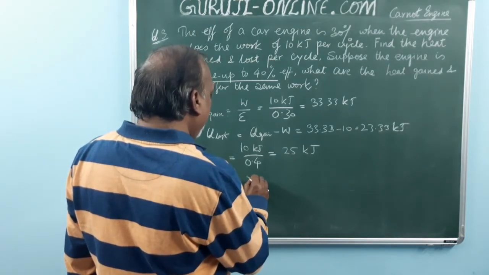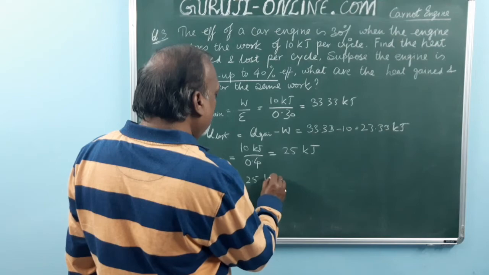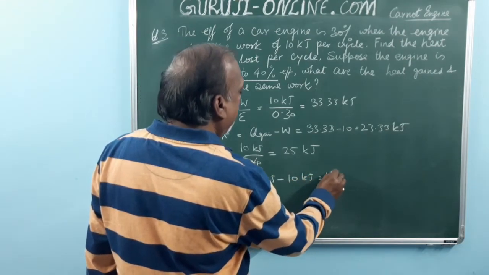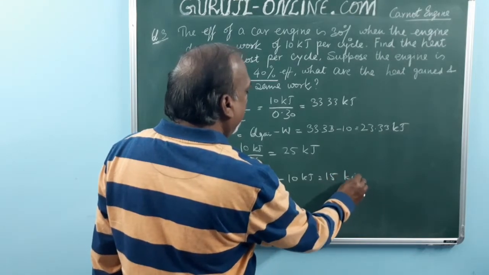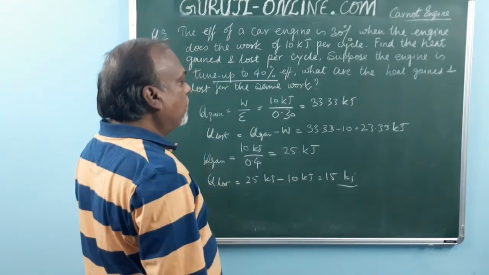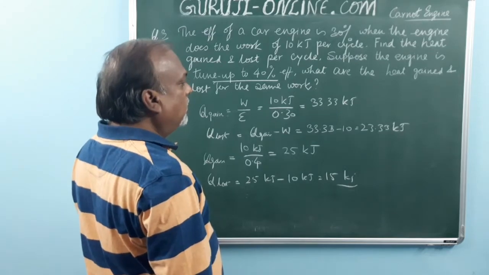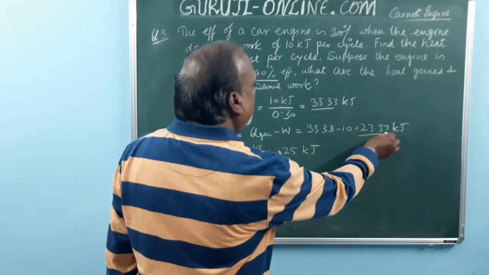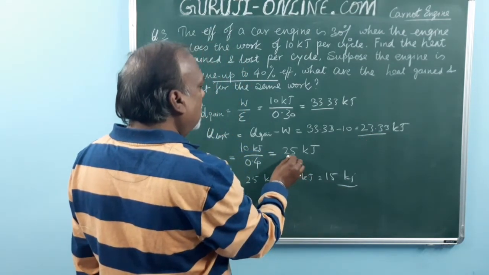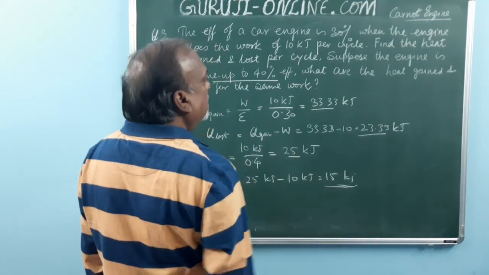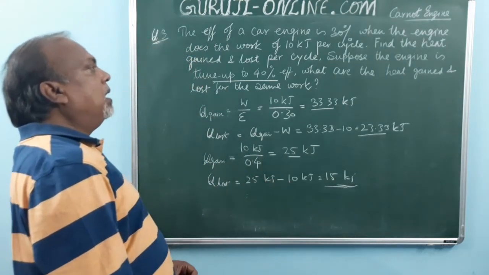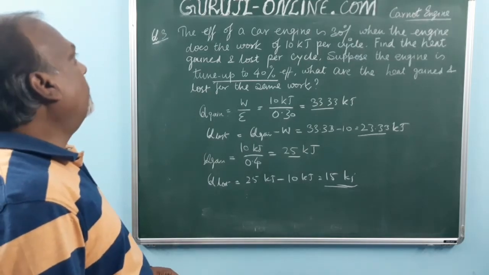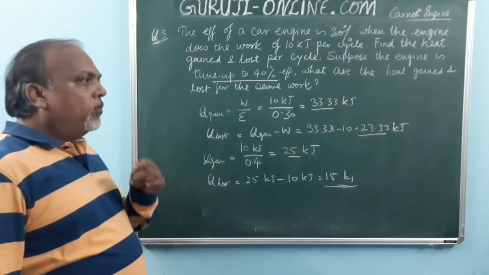It will be 25 kJ minus 10. So you see these values are drastically changed once you increase the efficiency of the engine. So now we will go to the fourth question.